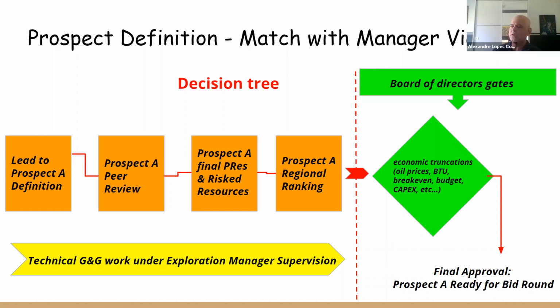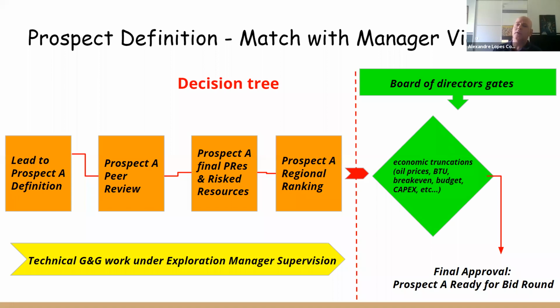The only difference is the names. For example, some companies use peer review or technical review, which is a bunch of guys from other countries, other basins, other branches of the company that will judge your prospect. Some companies name them gate 1, gate 2, or economic gates, but the philosophy is the same.